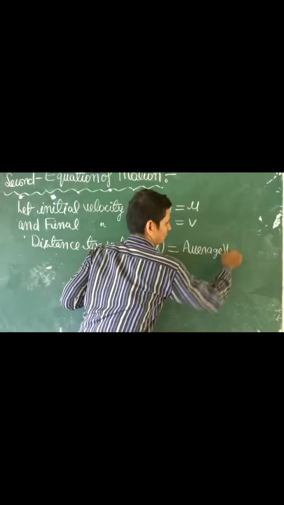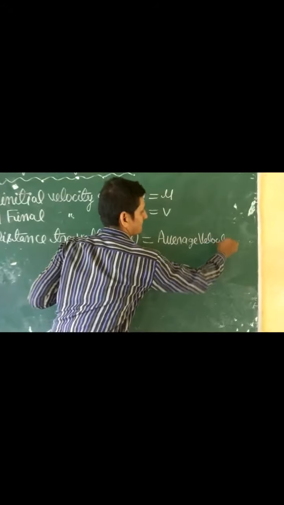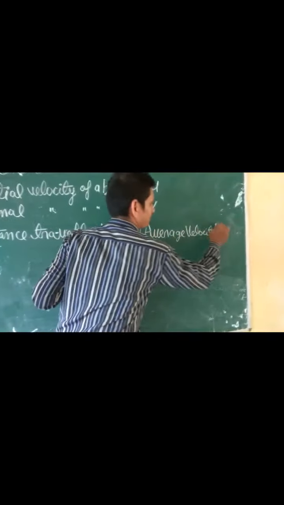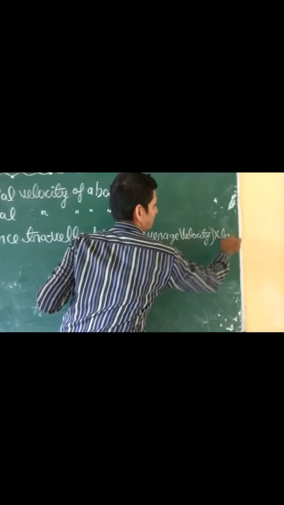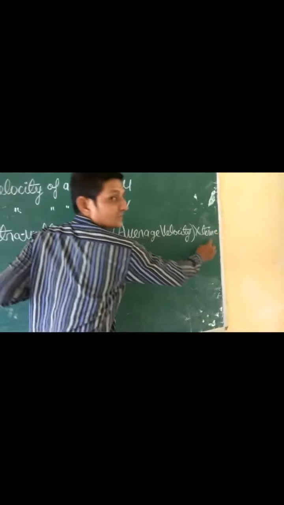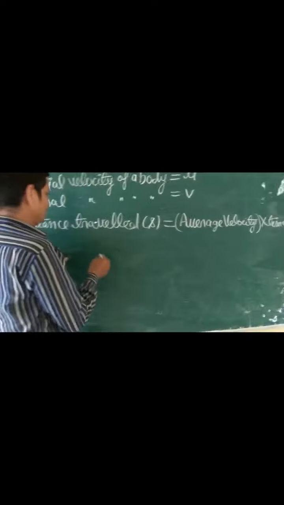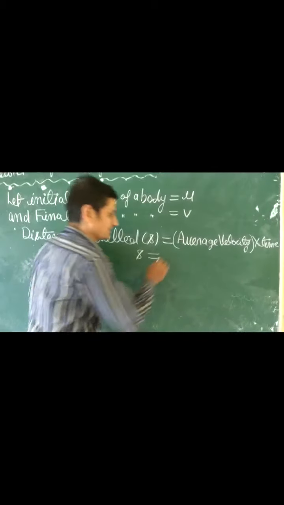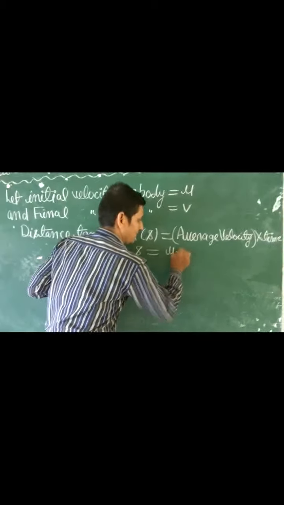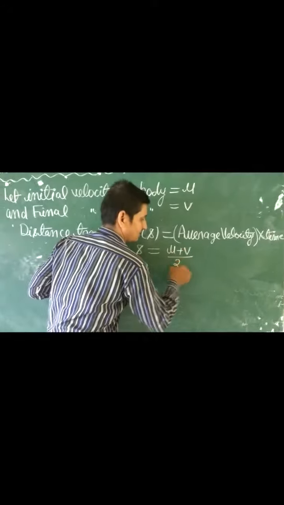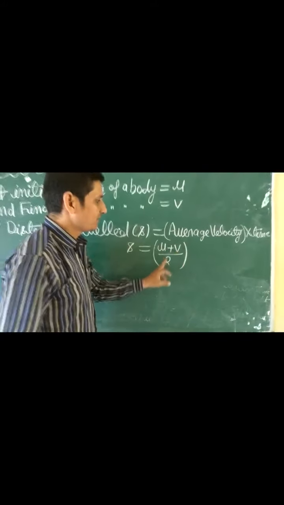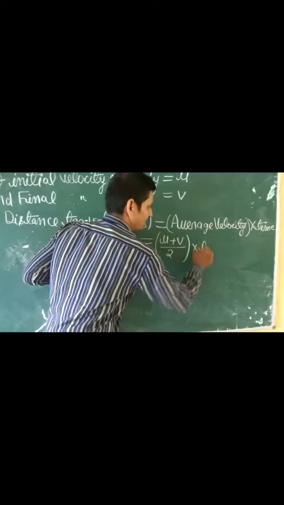Average velocity is the sum of initial and final velocity divided by two. This is called average velocity. So average velocity is equal to u plus v by 2, into time t.